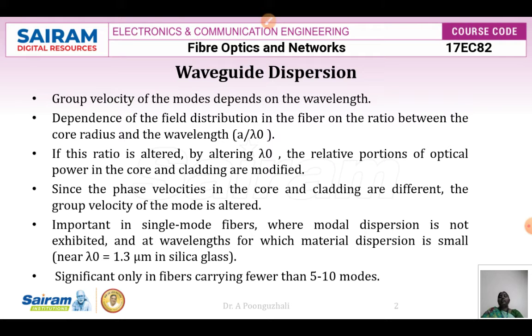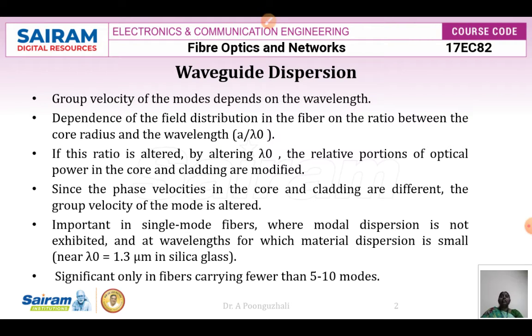So as I said, when I use a waveguide for propagation of light, the light is going to be propagated in different modes, and the group velocity of these modes is going to depend on the wavelength. When the light travels along the fiber, it depends on the electric field intensity present across the fiber, that is the field distribution inside the fiber.